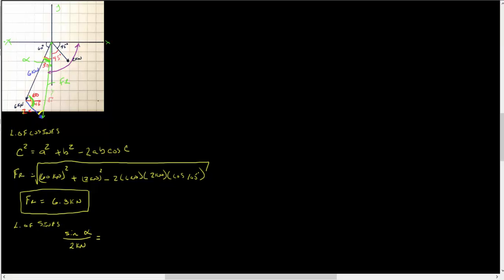So I can say the sine of 105 degrees over 6.8. Cross multiplying those two, I have sine alpha times 6.8 is equal to 2 kilonewtons times the sine of 105 degrees. So really I'm just dividing by 6.8.